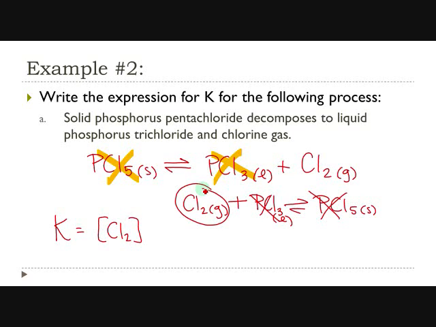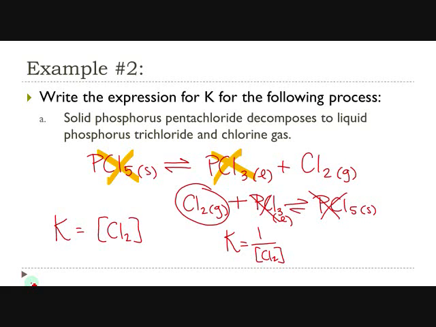So it would be 1 over the concentration. So you have to pay attention, is it a reactant or is it a product, and put it in the numerator or denominator correctly. And if there's nothing else to be put in the other side of the fraction, then just put a 1. Okay?